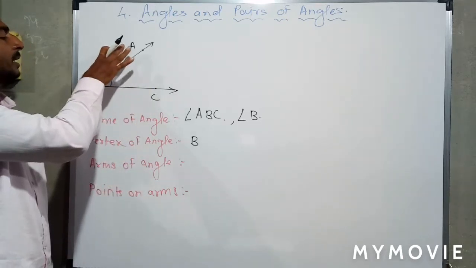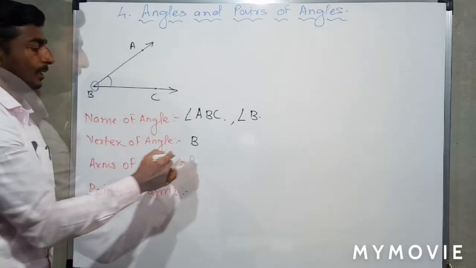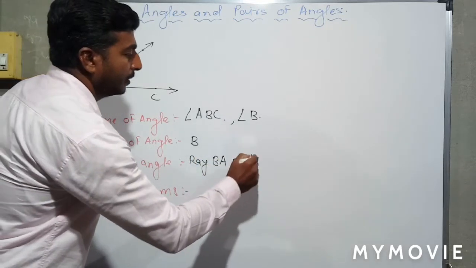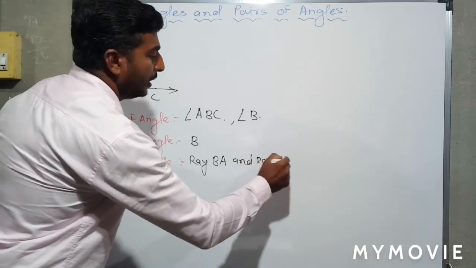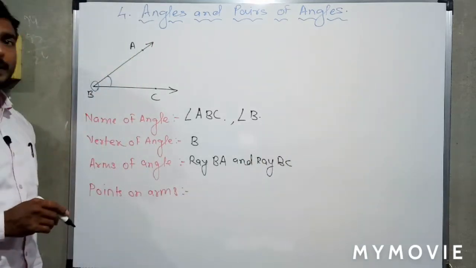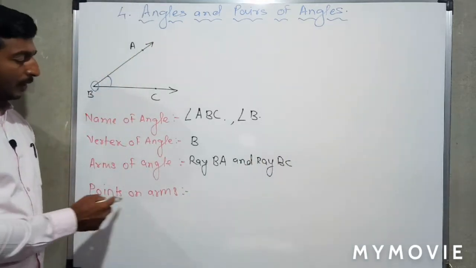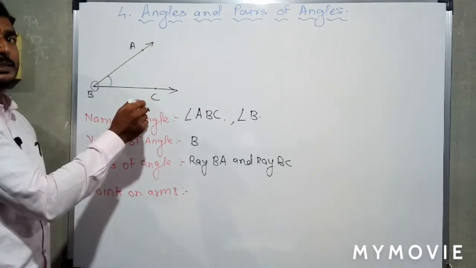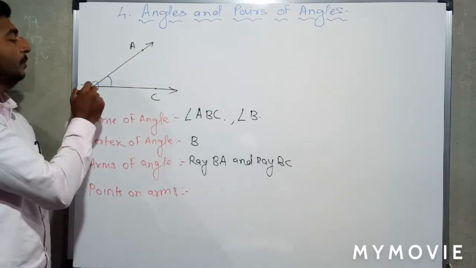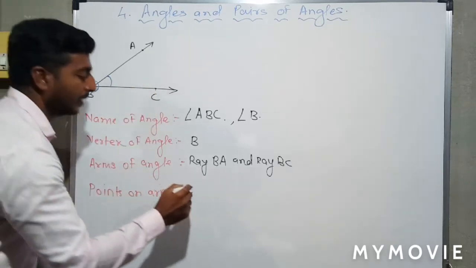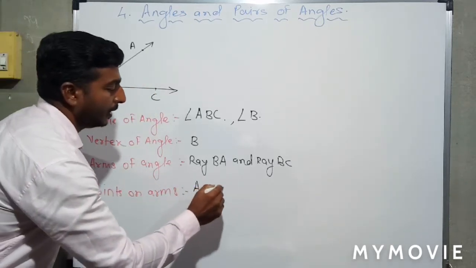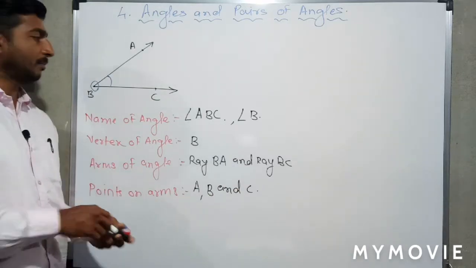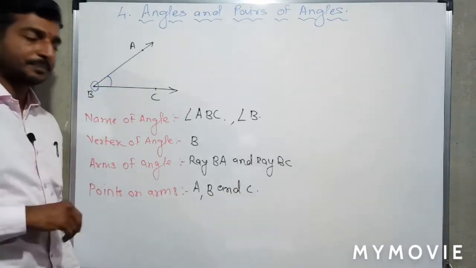So ray BA and ray BC are the arms of the given angle. Then points on the arm: which points are represented on the arms? Point A, point B, and point C are the points present on the arms.